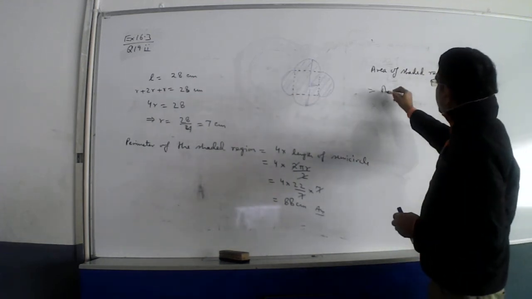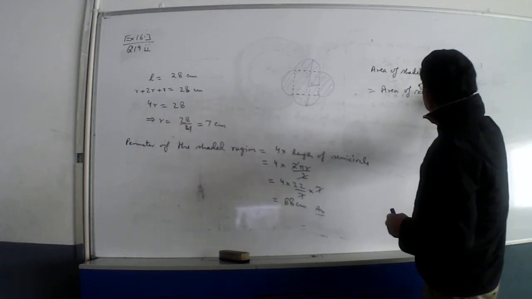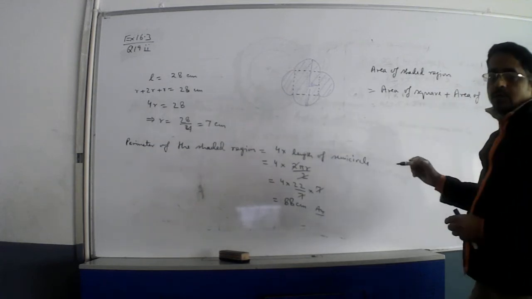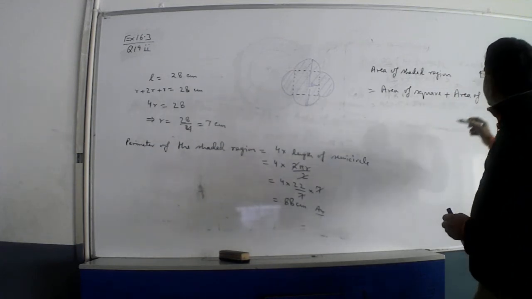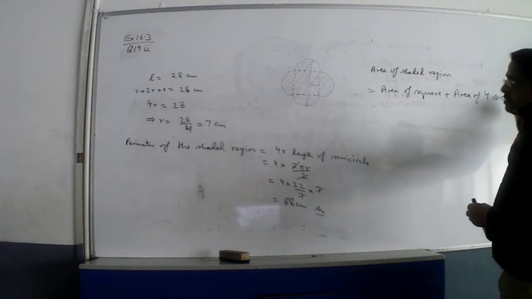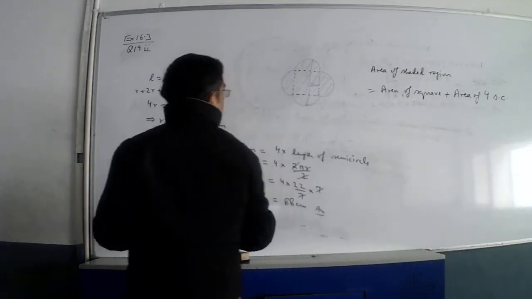So you can write area of square plus area of 4 semicircles. I am writing in short, it is 4 semicircles.